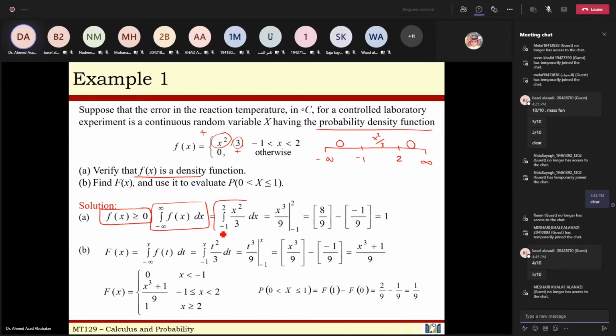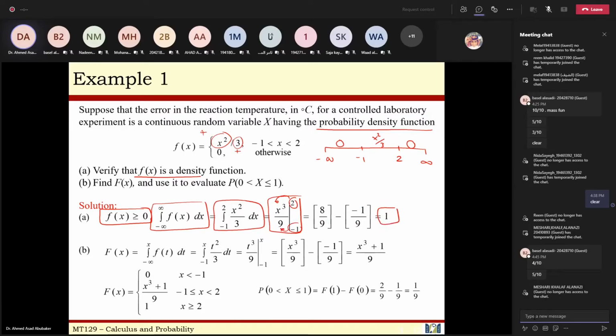So the integral is only from -1 to 2 of x squared over 3. After integration, this is x to the power 3 over 3, and multiply 3 in the denominator, we have x to the power 3 over 9. Substitute 2, we have 8. Substitute -1, we have -1.